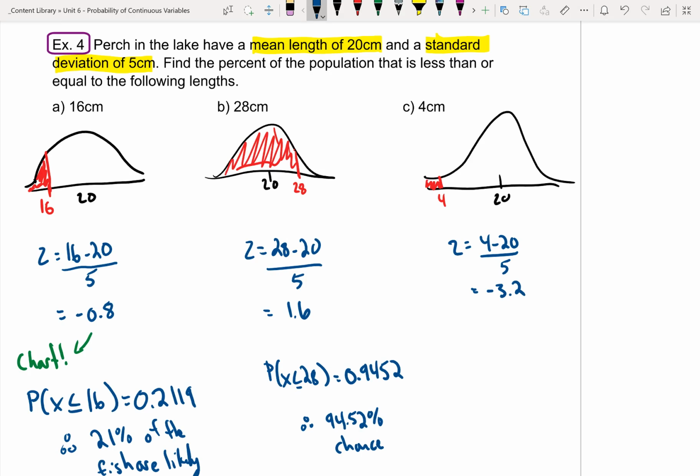And if I go to my chart, I can't find this value because the table only goes to negative 2.99, or basically 3 standard deviations above or below. So basically what it's saying is there's going to be such a small percent chance of this happening that it's insignificant.